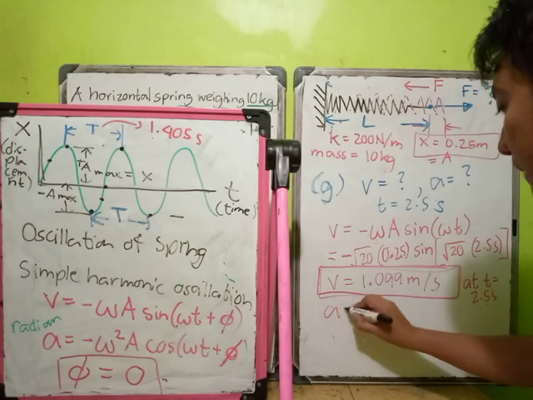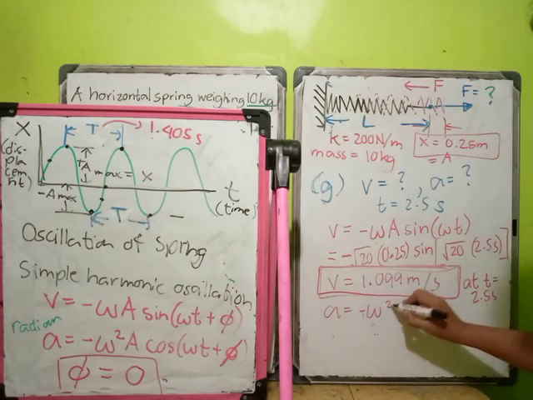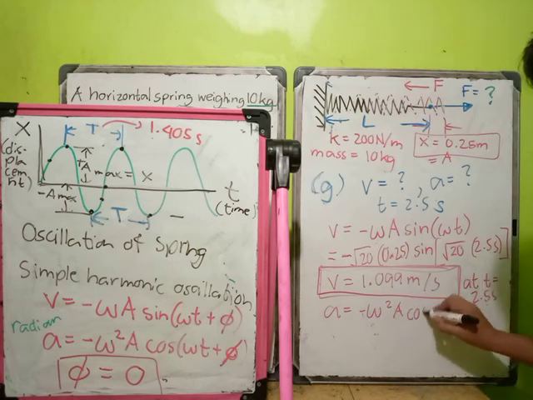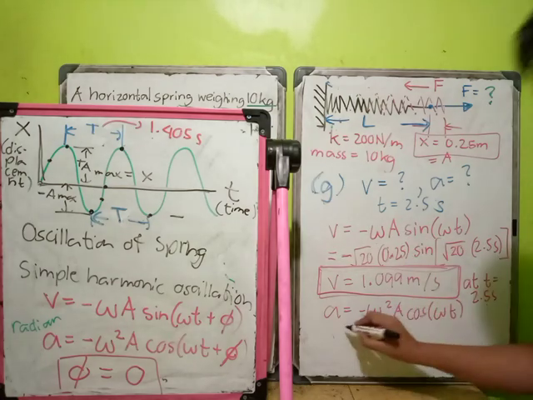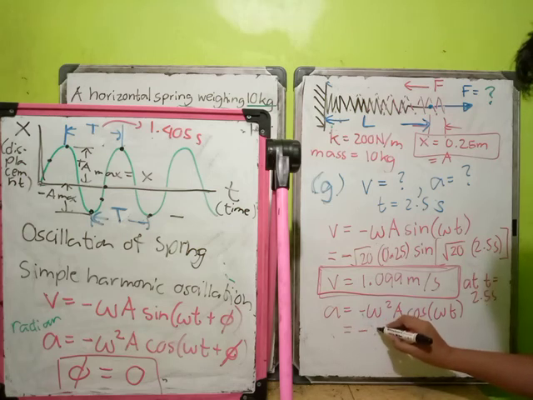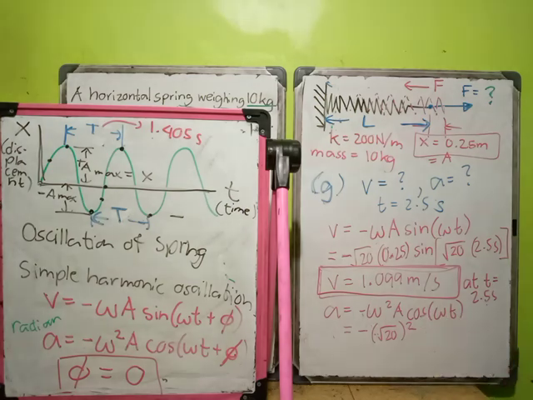Kay acceleration naman is negative omega squared A cosine of omega t. So, negative square root of 20 squared, yung 4.472 kanina is square root of 20 supposed to be, yung exact. So, 0.25 times cosine of square root of 20 times the time, 2.5. Please take note na yung gagamitin mo lang is in radian mode.